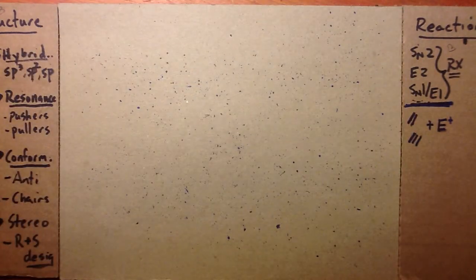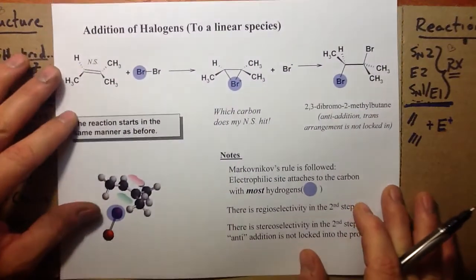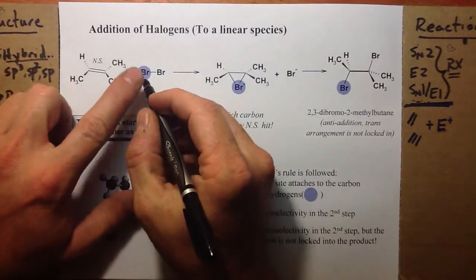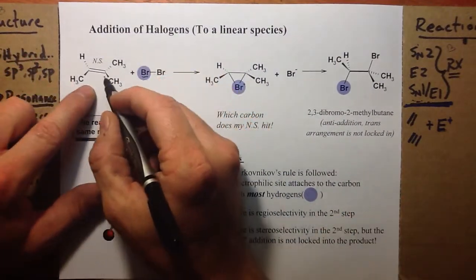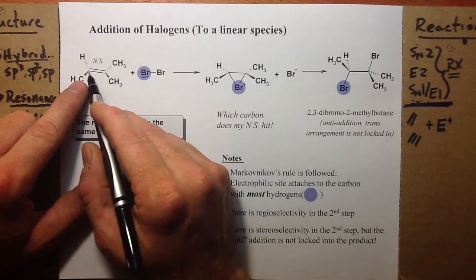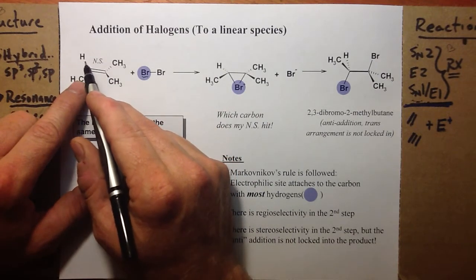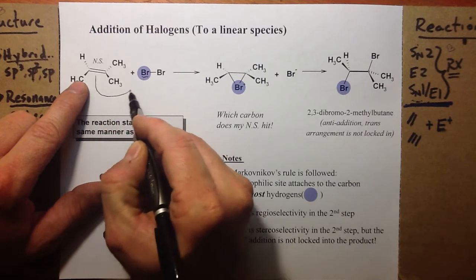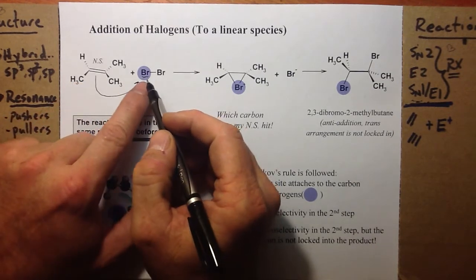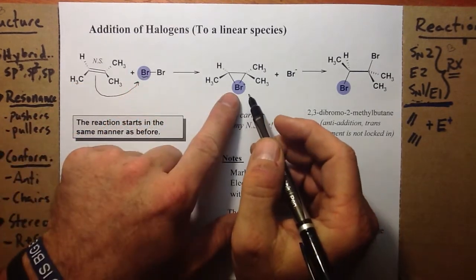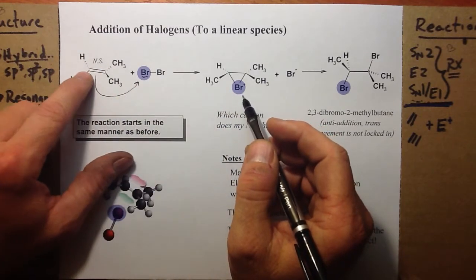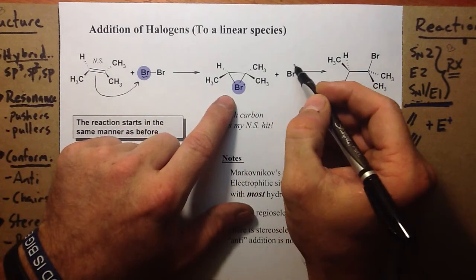The next one here will have selectivity. I see that this bromine is going to end up on the carbon with the most hydrogens. This has one, this has none. So in the end, I'm thinking this original bromine that I attacked with to make the bromonium ion will be on the left side. So let's jump to that point.